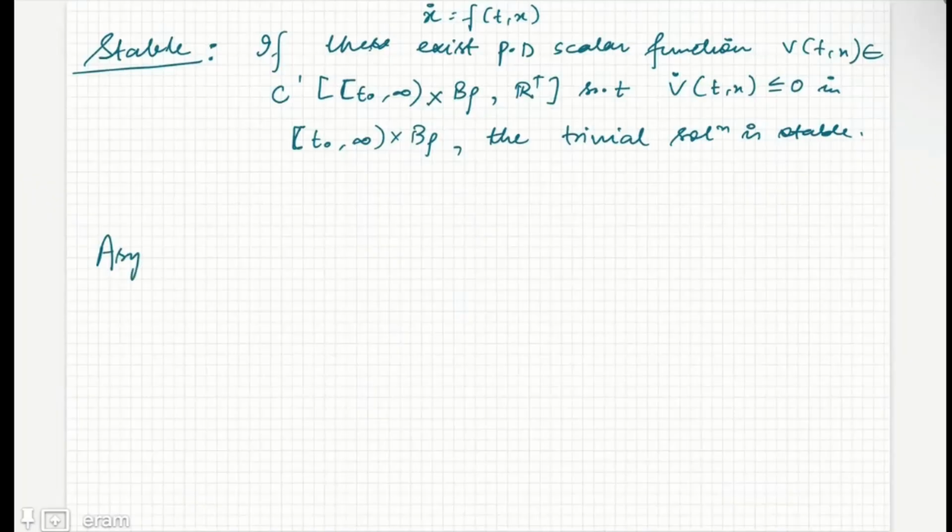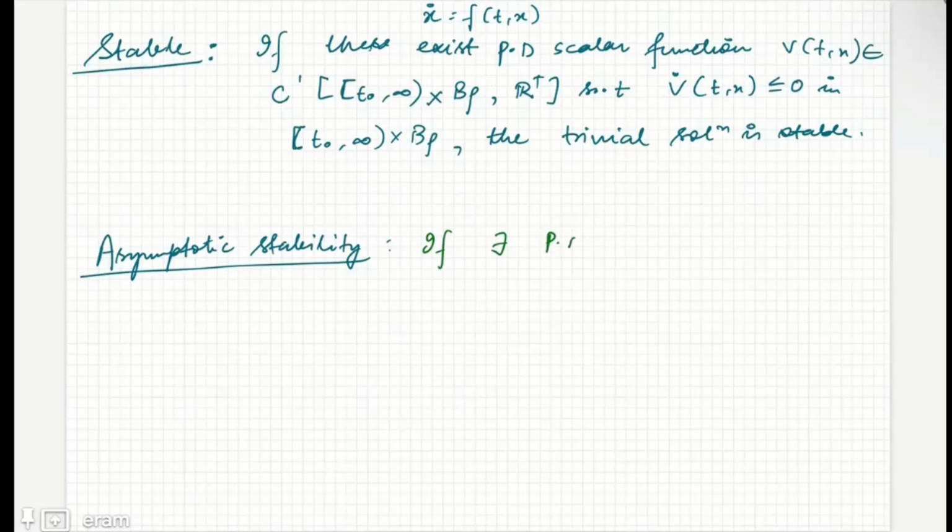And for asymptotic stability, we need two conditions. The first condition is that there exists a positive definite as well as a decrescent function. We had already seen the definitions of both positive definite and decrescent function for the time varying case.